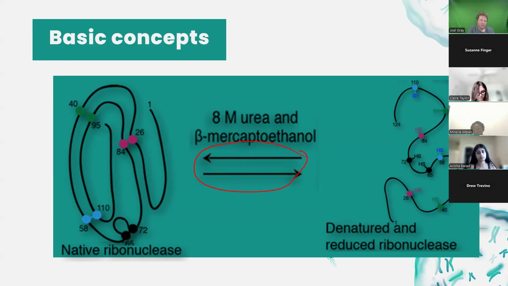And lo and behold, when he diluted out those two substances, ribonuclease went back to its native folded structure. So essentially what that means is you can denature and renature a protein.